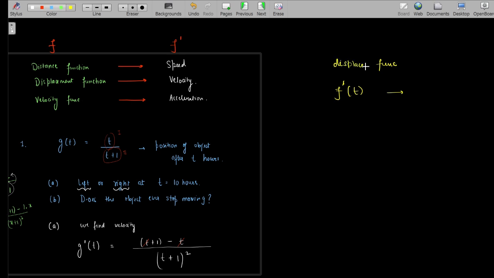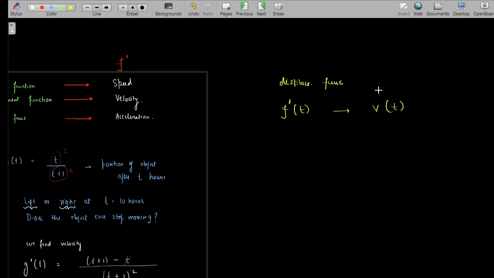This is your displacement function. When you differentiate the displacement function, you get your velocity function. And when you differentiate the velocity function, then you get your acceleration function.